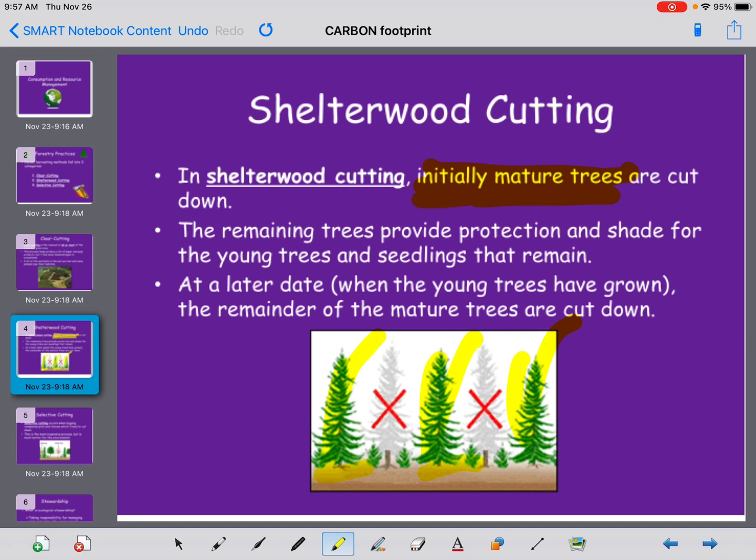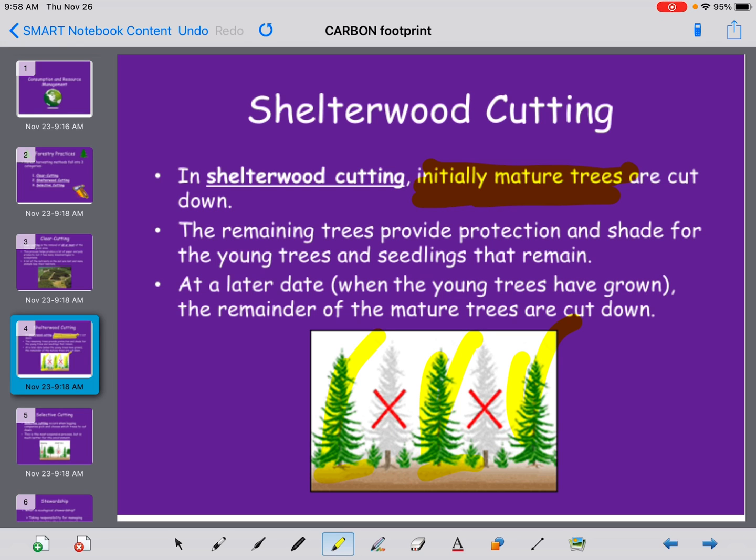The disadvantage of this is sometimes because the larger trees are gone, the smaller trees won't have as much protection. So protection against, let's say, a windstorm or a really bad rainstorm, right?